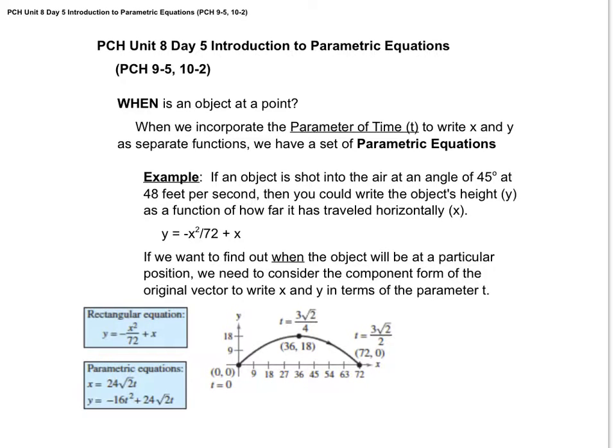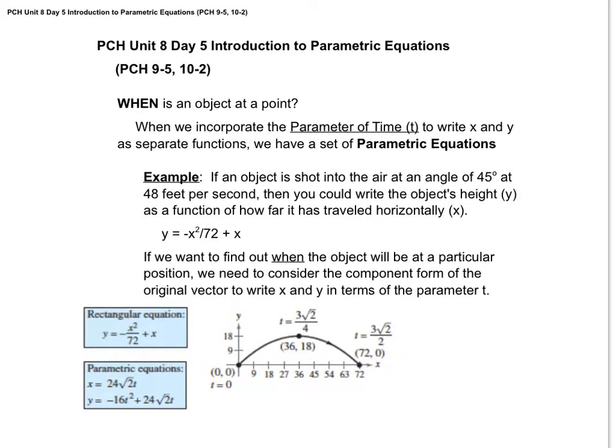So, here's an example. If an object is shot into the air at an angle of 45 degrees at 48 feet per second, you could write the object's height, y, as a function of how far it has traveled horizontally, x. And we would have the equation y equals negative x squared over 72 plus x.